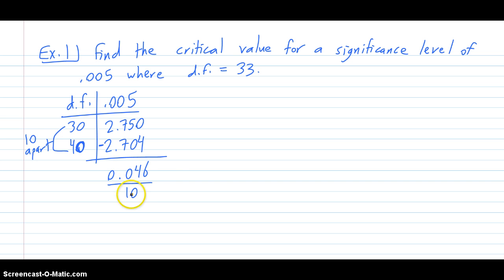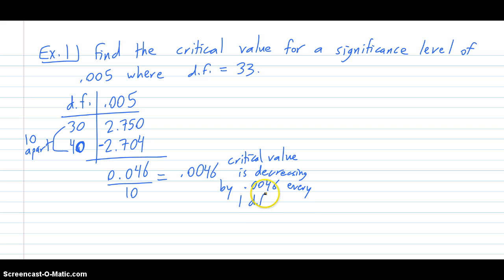So I'm going to divide this by 10, which means, on average, your critical value is decreasing by 0.0046 every degree of freedom. For every 1 degree of freedom, okay?